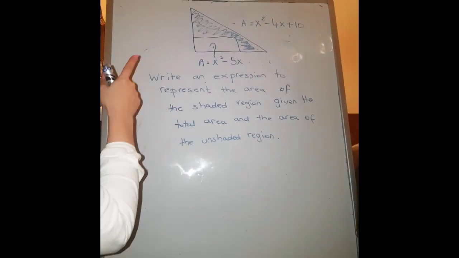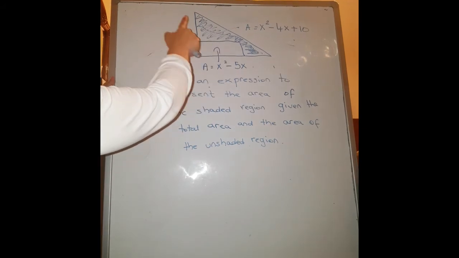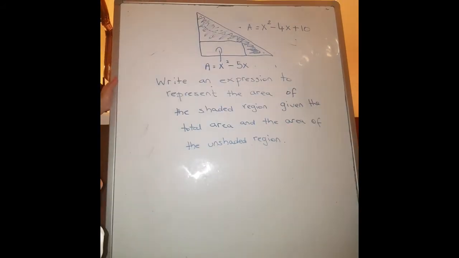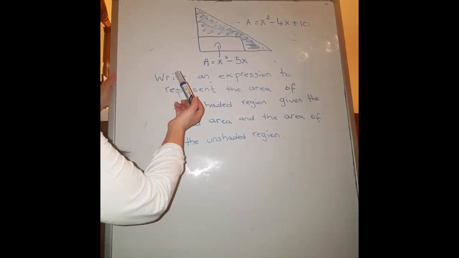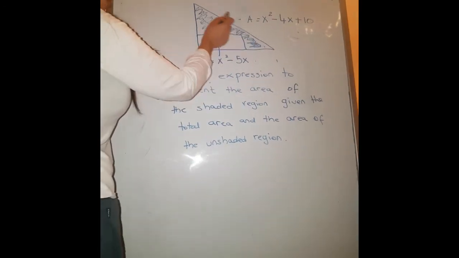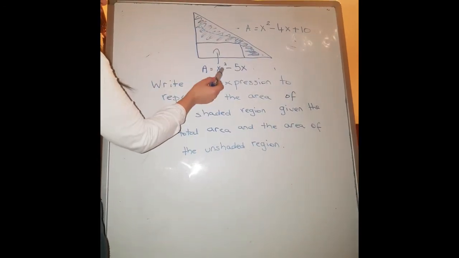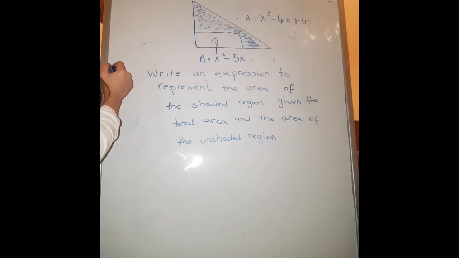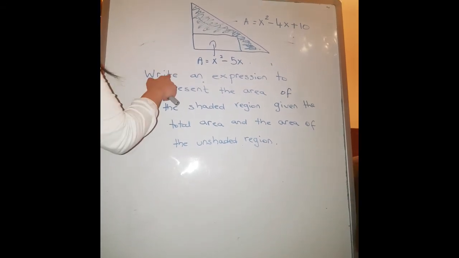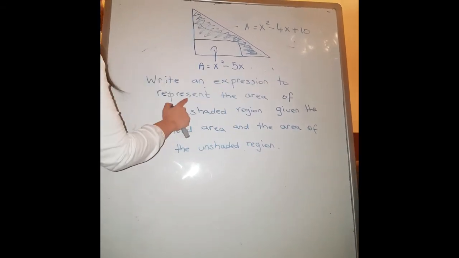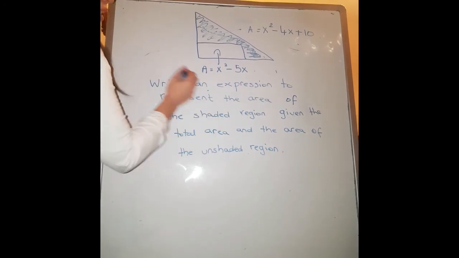Our last example is this. There is a triangle, and within it a rectangle, okay? They've given me the area of the total figure, and they give me the area of the unshaded part. The question says, write an expression to represent the area of the shaded region.